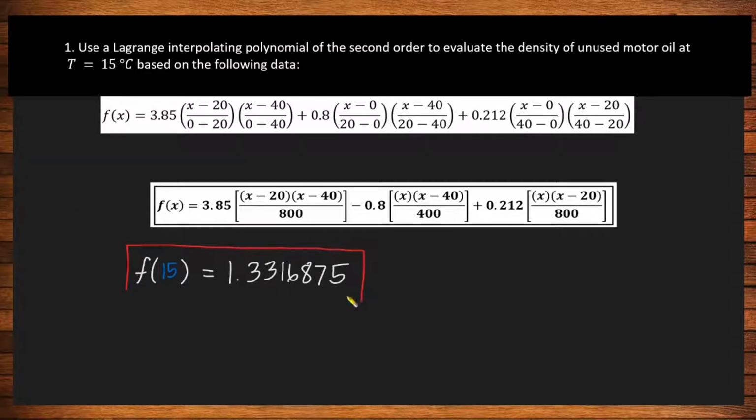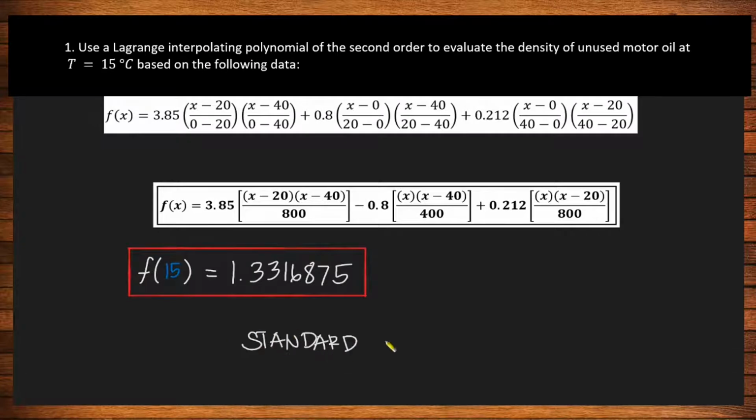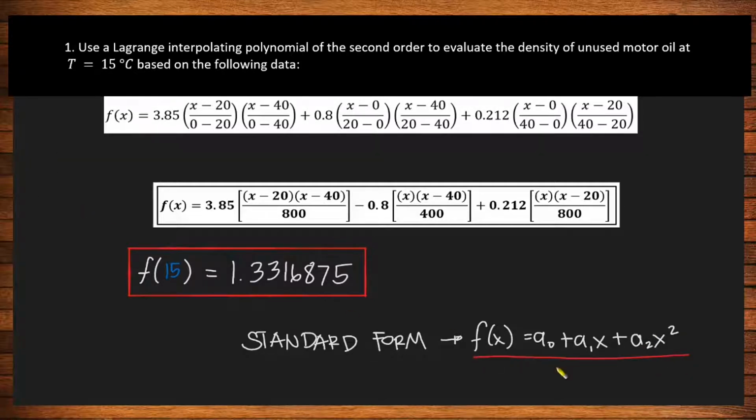Madali lang yung Lagrange function kasi wala na tayong iso-solve. Yung gagawin lang natin is we will simply substitute the given data points. Now, if you try to solve this problem, but instead of using a Lagrange interpolating polynomial, yung gagamitin nyo is yung standard form, so f of x equal to a sub 0 plus a sub 1x plus a sub 2x squared, you will actually obtain the same value for x equal to 15.